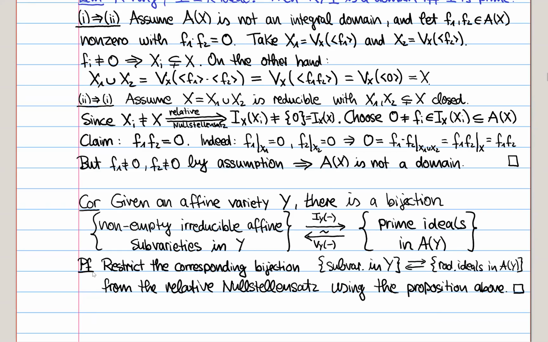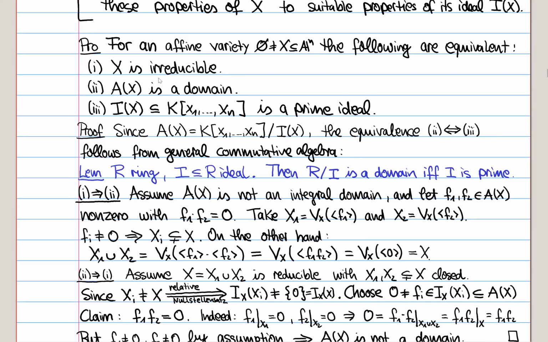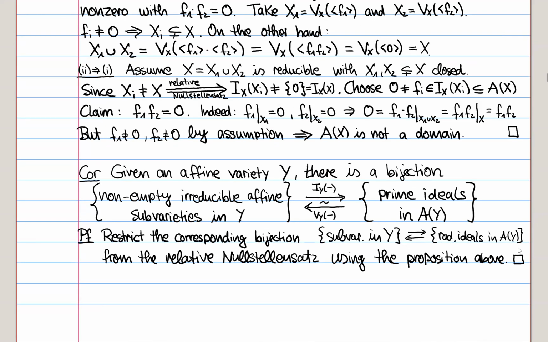So we're already starting to basically give the proof. This is the usual relative Nullstellensatz correspondence. And then if you restrict to being non-empty irreducible here, the theorem tells you that conversely, you are a prime ideal in this ring of functions.